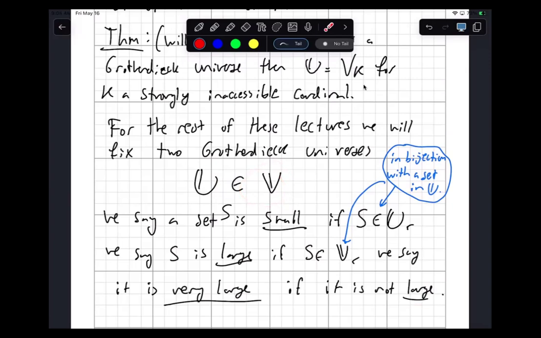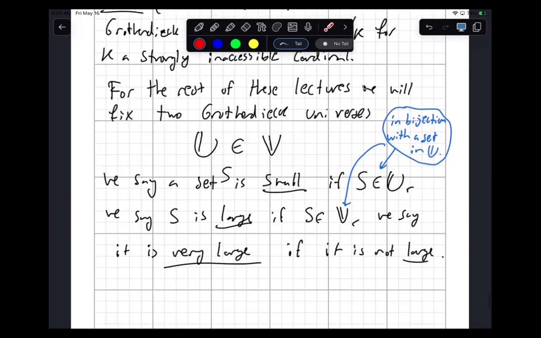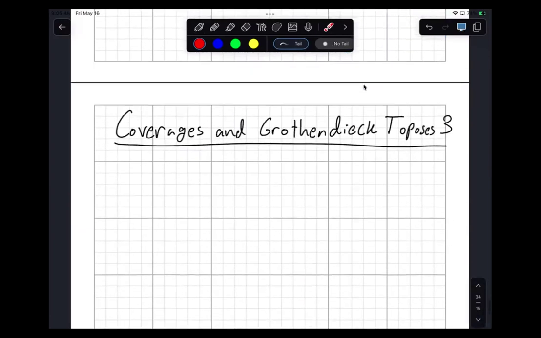So that means U is a large set and V is a very large set. These sets cannot contain themselves. Okay. So now we have everything we need to talk about small and large categories.